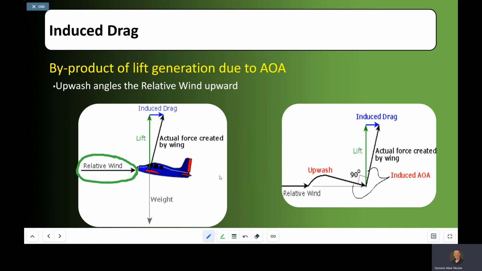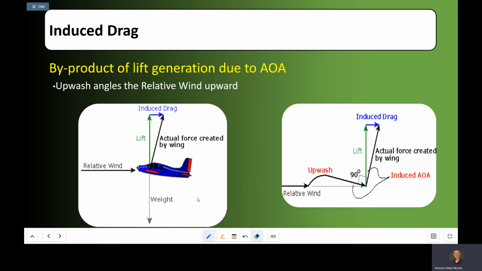It's relative to the direction of the flight path, not necessarily the nose, but to the flight path. And we know that lift is developed at a right angle here to that relative wind. Lift is produced at a right angle to it.